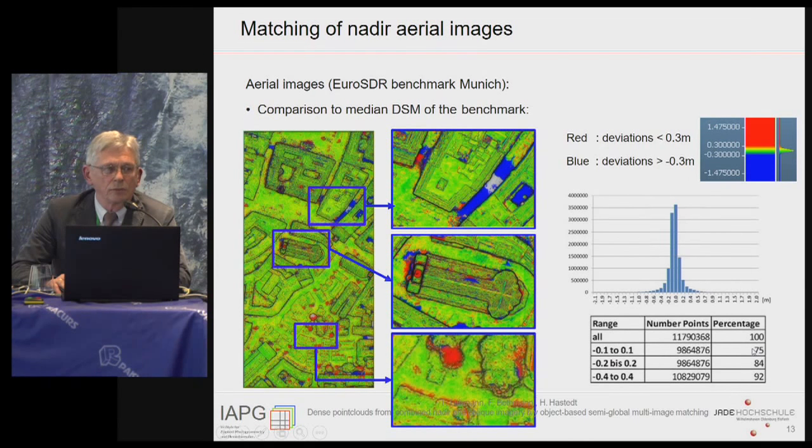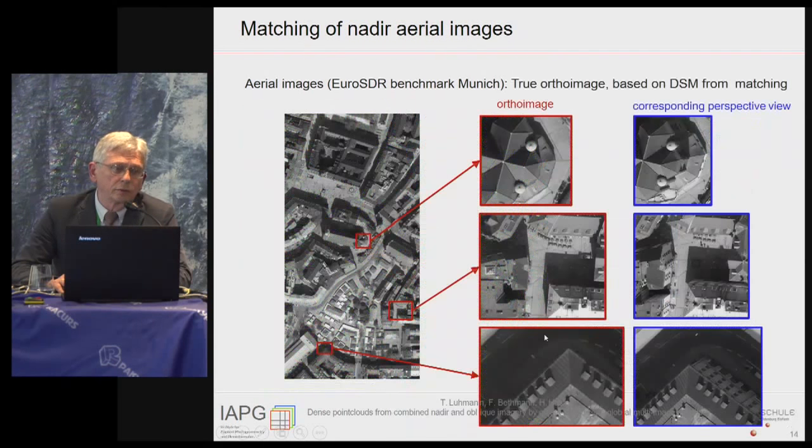Most of the errors up to a pixel size were 75%. 2 pixels or 2 voxels is 84%. So the results are pretty good. Quite decent, I should say.